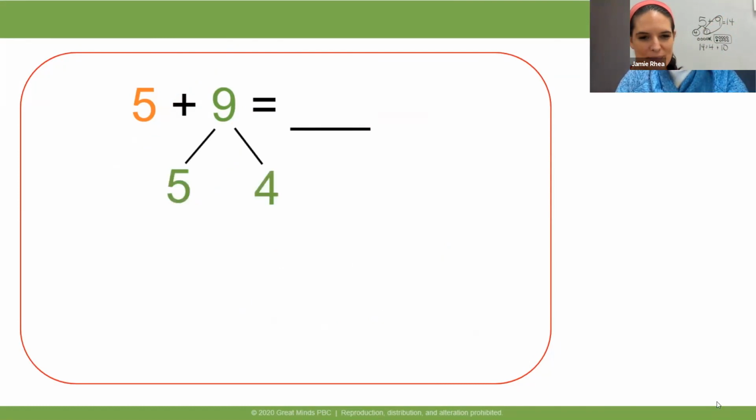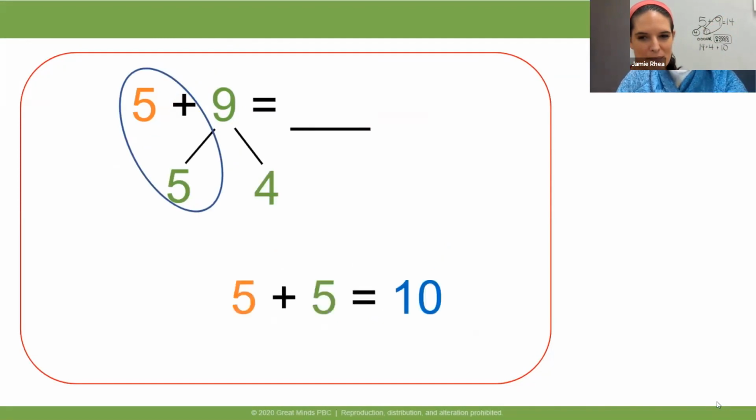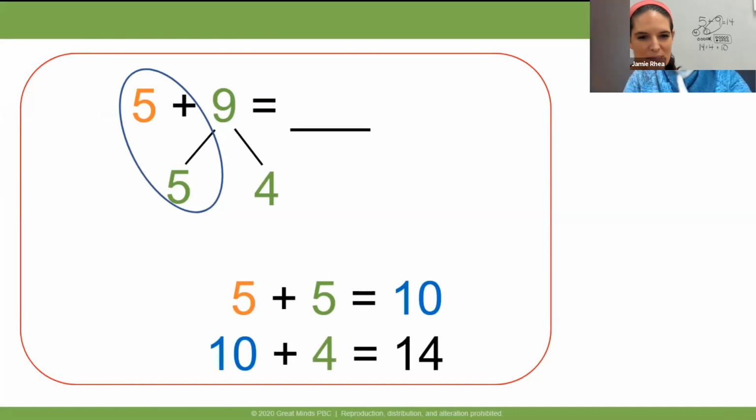And then I grouped my 5 and 5 together to make that friendly number 10. So 5 plus 5 equals 10. And then 10 plus my leftover part 4 equals 14. And was I done? Not yet. I have to go back and answer the original problem. 5 plus 9 equals 14.